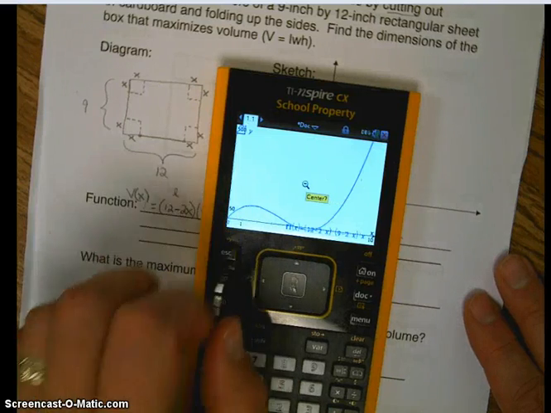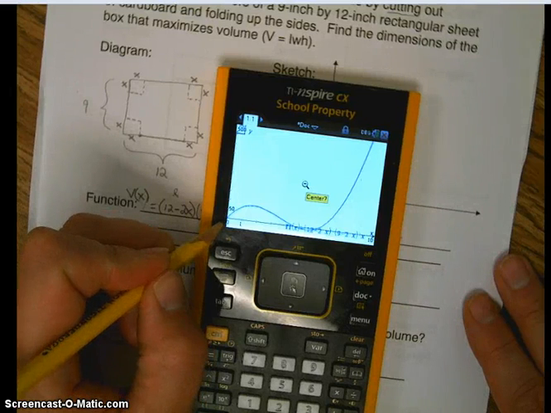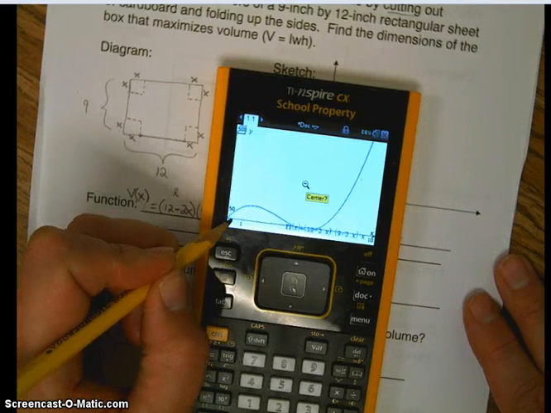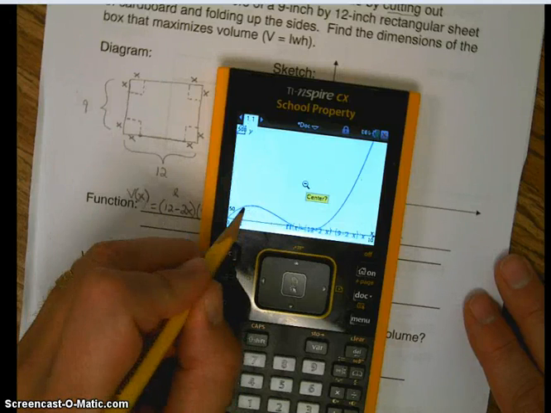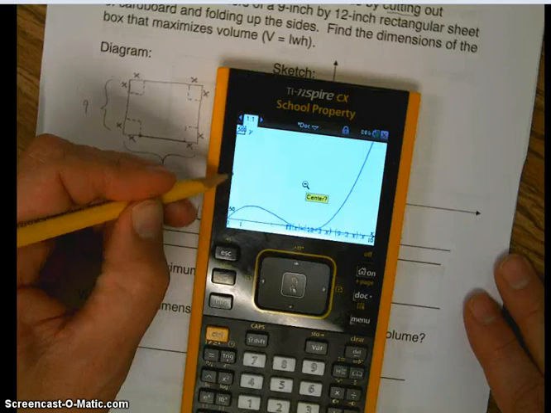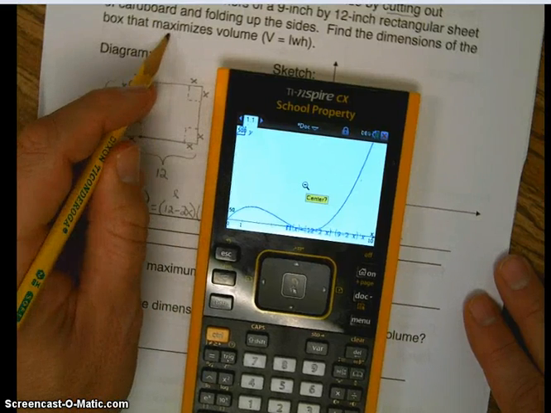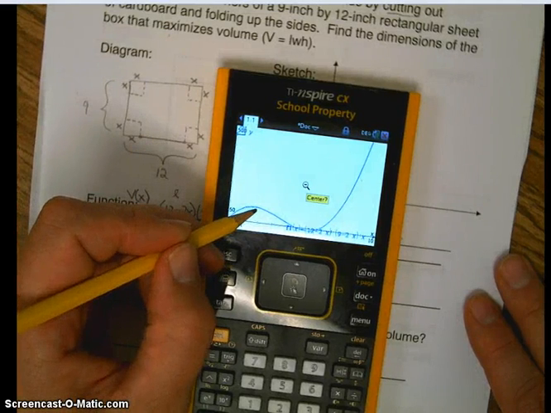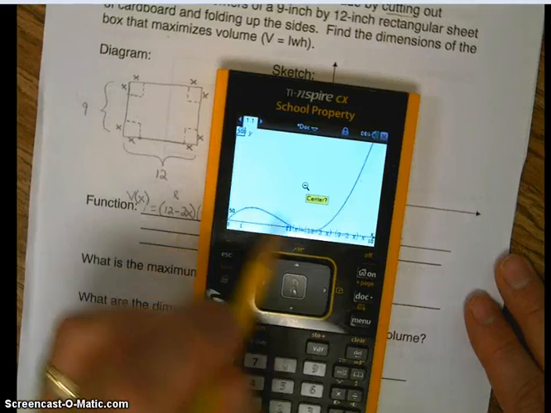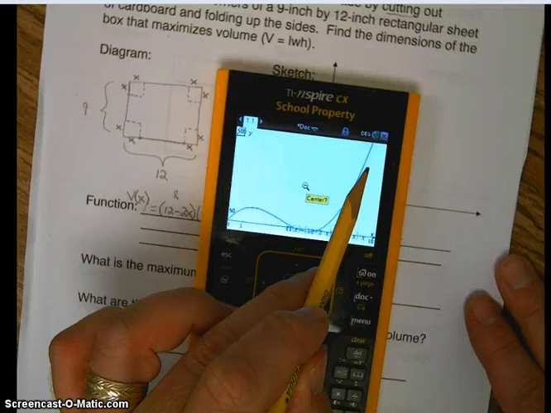All right, so we're only looking at this portion here. Height is 0, okay, and as height goes up, the volume, remember volume is y, and remember, we're looking for the maximum volume. So what we're really looking for here is our maximum height. So this portion over here, we don't even look at because it's going up infinitely, and that's impossible.